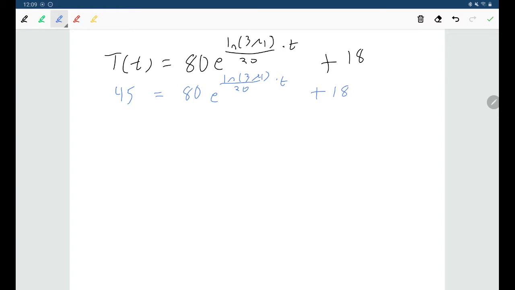So first thing we'll do is bring the 18 over to the other side. So 45 minus 18, that's 27. Isolating that exponential by dividing everybody by 80, that would be 27 over 80 equals e to the natural log of 3/4 over 20 times t.